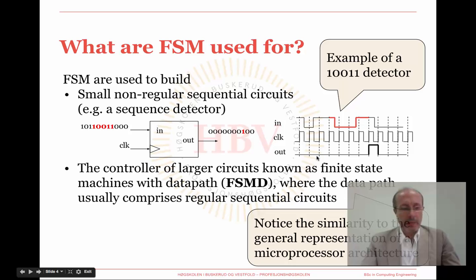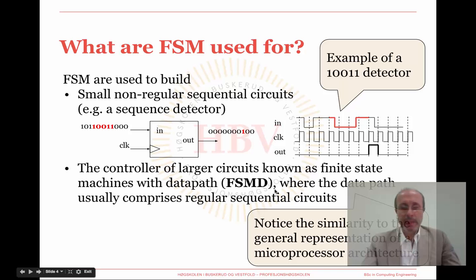Finite state machines are also commonly used as the controller of more complex architectures referred to as finite state machines with data path, or FSMDs, which we have already referred very briefly in a previous presentation.